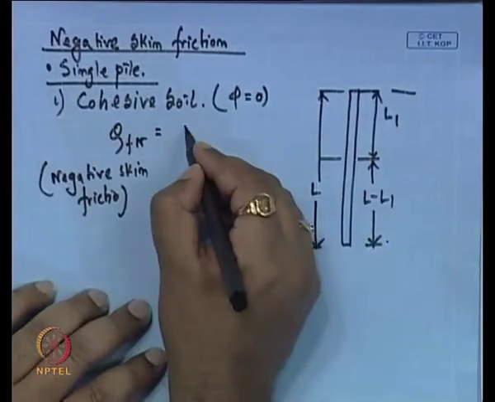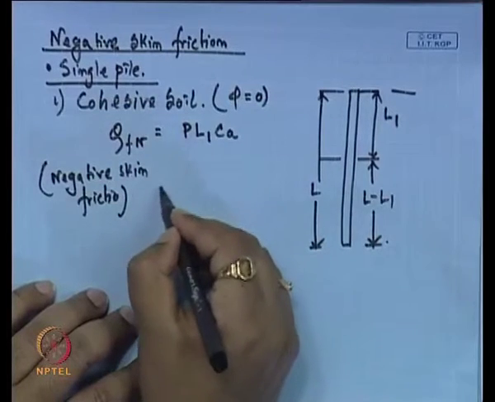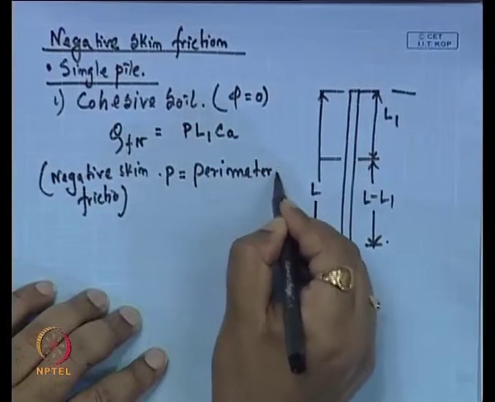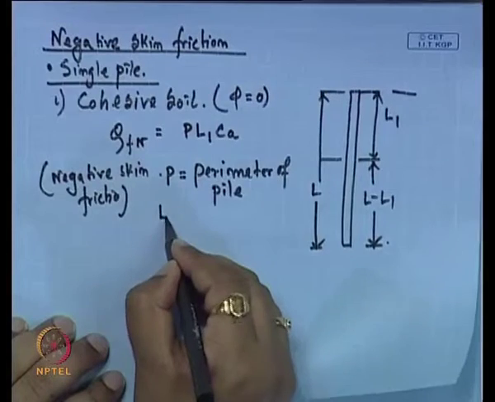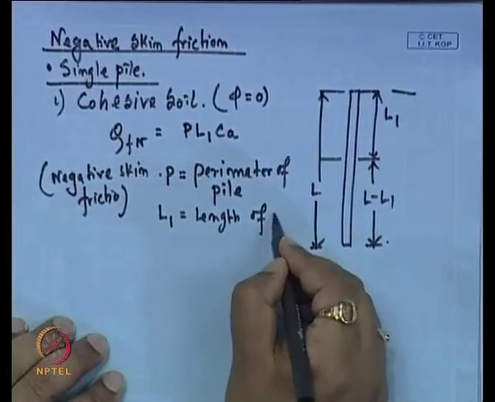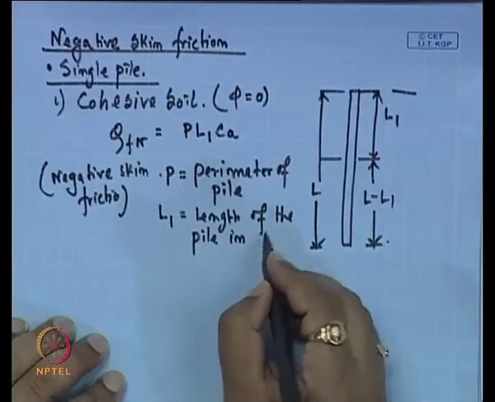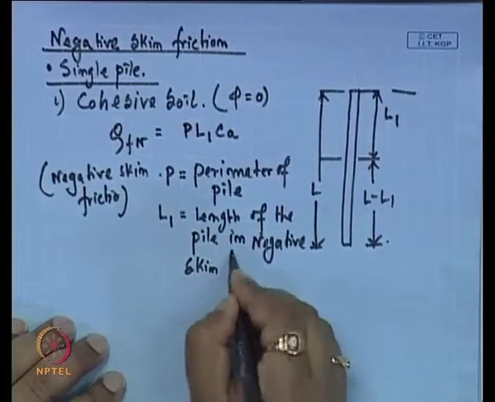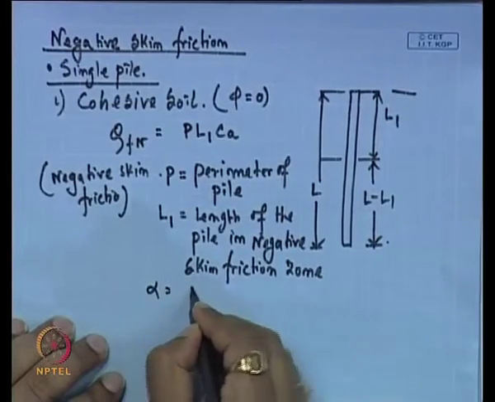So, the negative skin friction will be the perimeter times L1 times C A, where P is the perimeter of the pile, L1 is the length of the pile in the negative skin friction zone, and alpha is the adhesion factor.